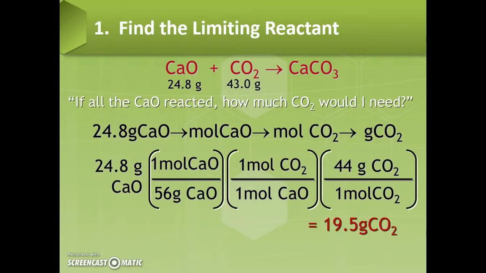And the answer we get is 19.5 grams of CO2 would be consumed if all the calcium oxide reacted. Now, we have far more than 19.5 grams of CO2, therefore CO2 is in excess and calcium oxide is the limiting reagent.